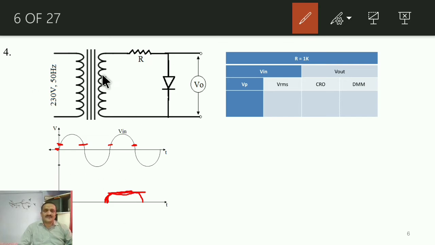So just think over it, again try to observe on the CRO, and try to measure its value using the DMM. Now during the negative half, the diode will act as reverse biased. That means when this terminal becomes negative and this one becomes positive on that secondary, the diode becomes reverse biased, acts as open, and that's why the output will follow the input.